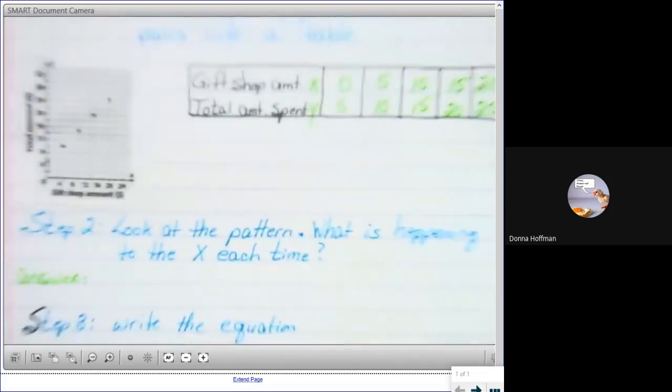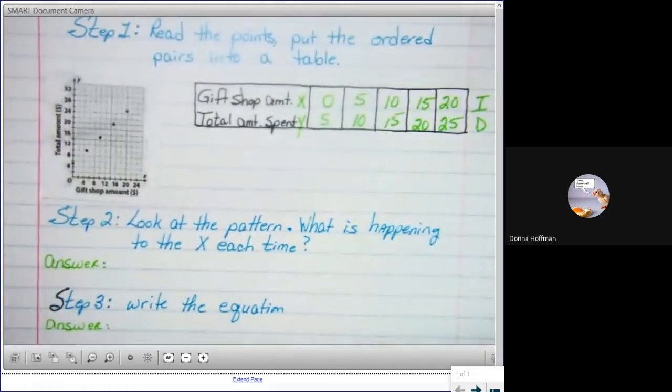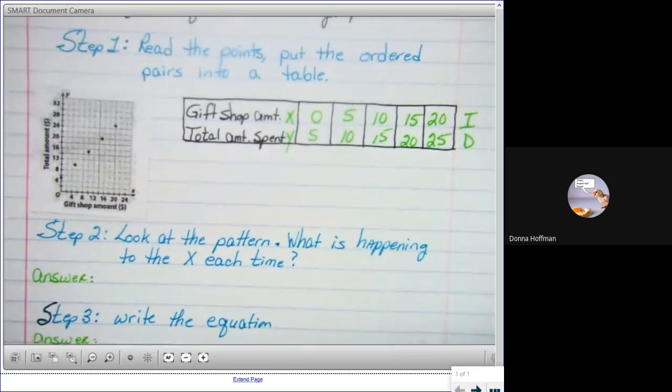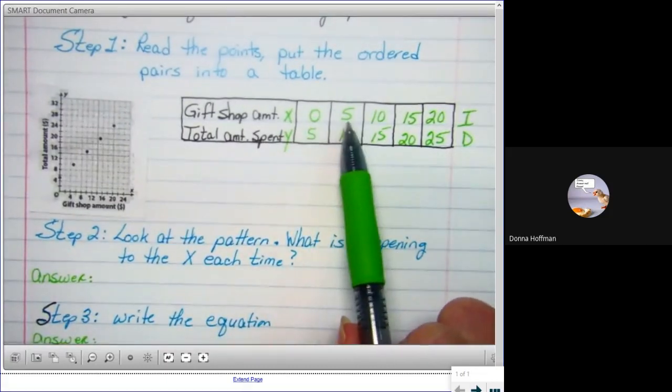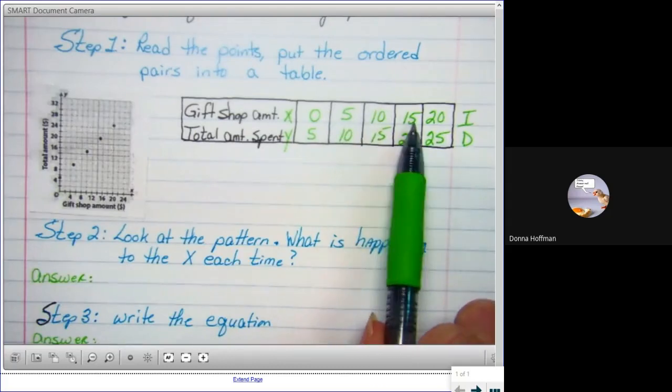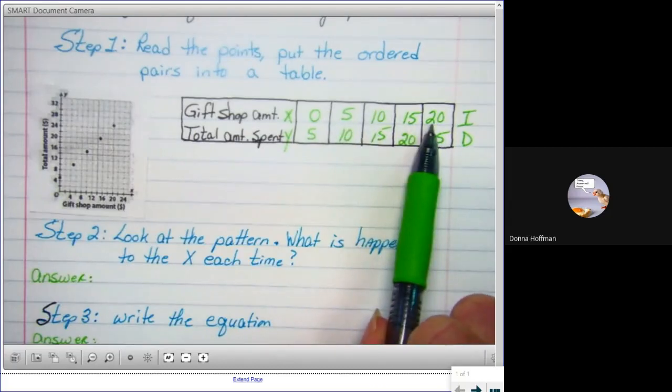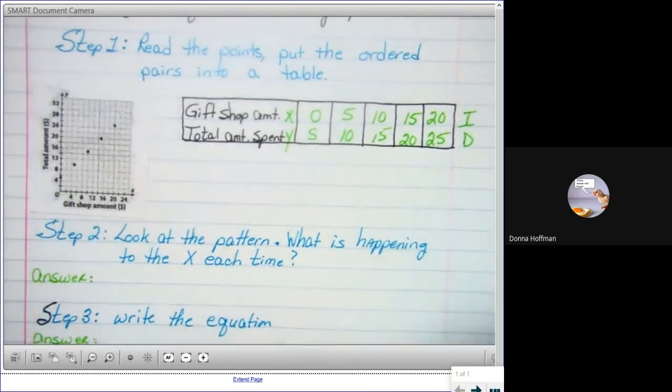Now you're going to look at the pattern and ask yourself, what is happening to the X each time? It starts off at 0 and goes to 5, 10, 15, 20. Sounds to me like the total amount is climbing by $5 each time.